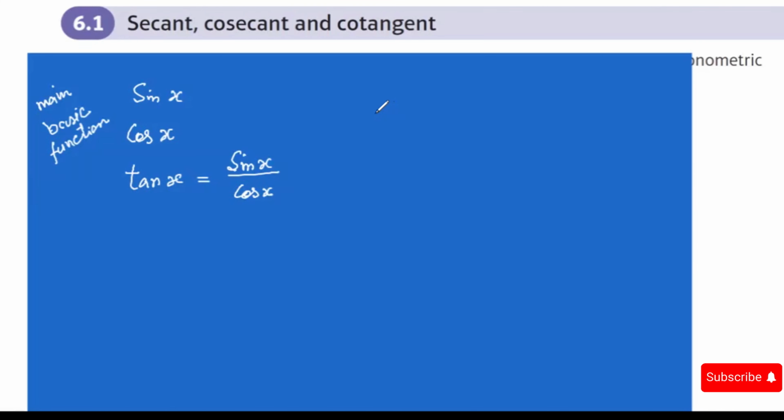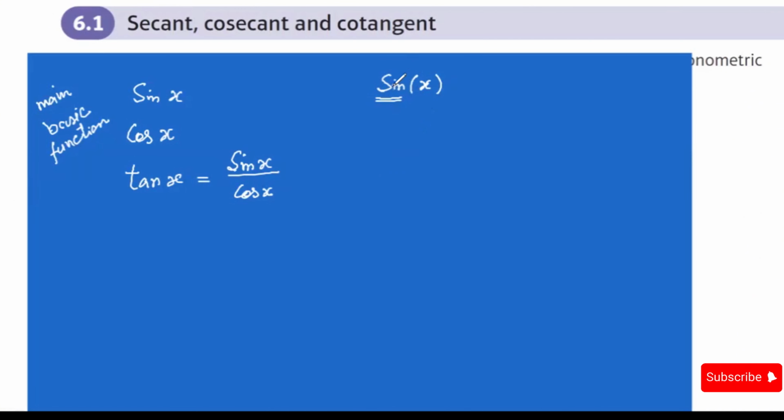The second thing that we need to keep in mind when solving trigonometric questions is that when I say sin is a trigonometric function, this is itself just sin. If I write sin, this is nothing until you apply it on the value of an angle.